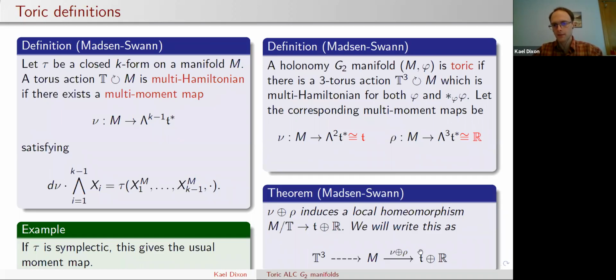And we'll just denote this relationship with this kind of sequence diagram, almost like a fibration, but of course not every fiber is T3, and some collapse at some point.